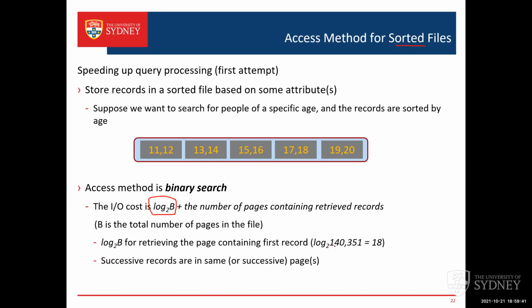So the same example that we have seen for linear search, if we have this number of pages, then we can see that after 18 comparisons, we can answer that query. But previously we had to transfer all of these pages, right? Or in the average case, I have to transfer this number divided by 2, but that was still 70,000.